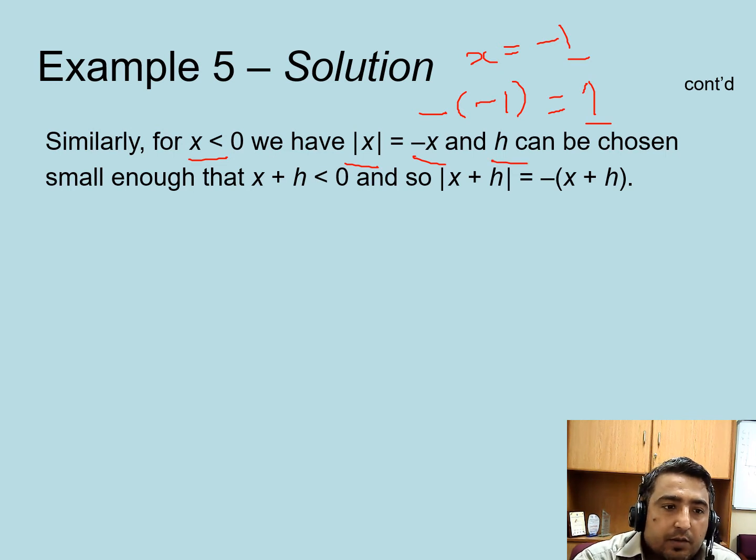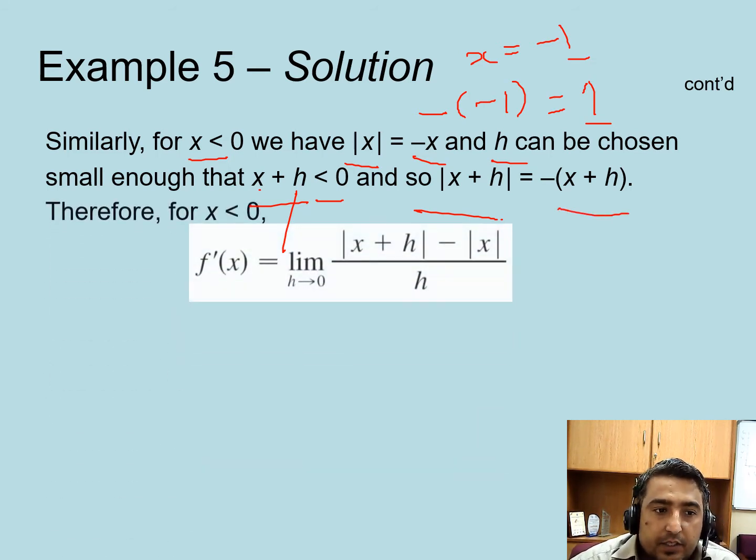And choose h small, smaller than x in magnitude, and x is negative, then x plus h still remains negative. So this modulus is equal to the bracket with a minus.